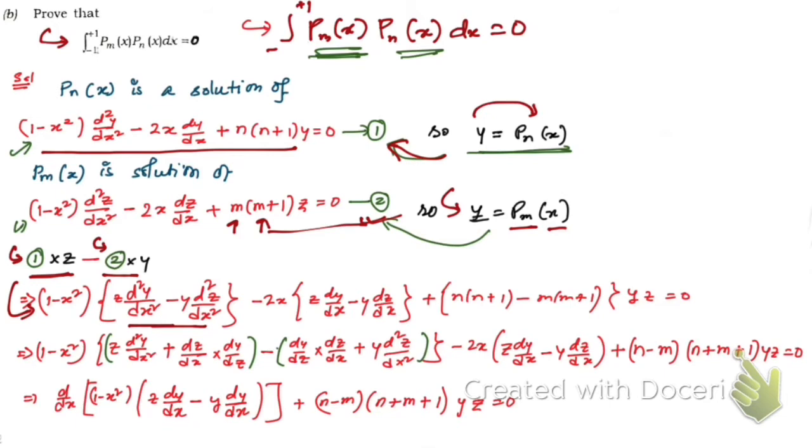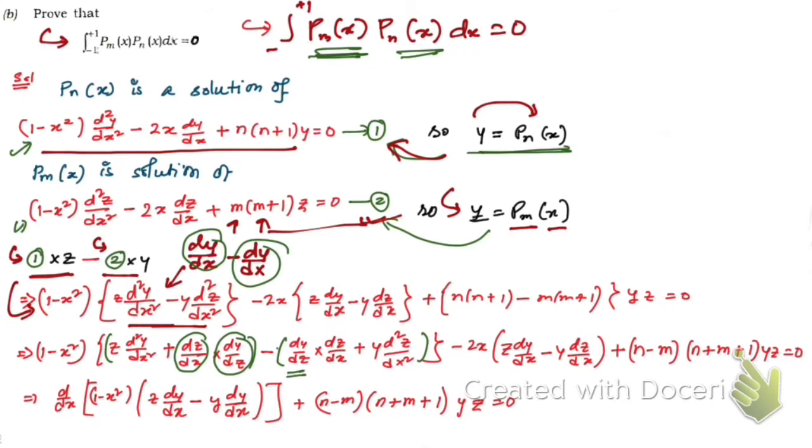Here we have added dy by dx and again subtracted dy by dx. Applying the same rule, dy by dx can be written as dz by dx into dy by dz, and similarly this dy by dx is also written as dy by dz into dz by dx.